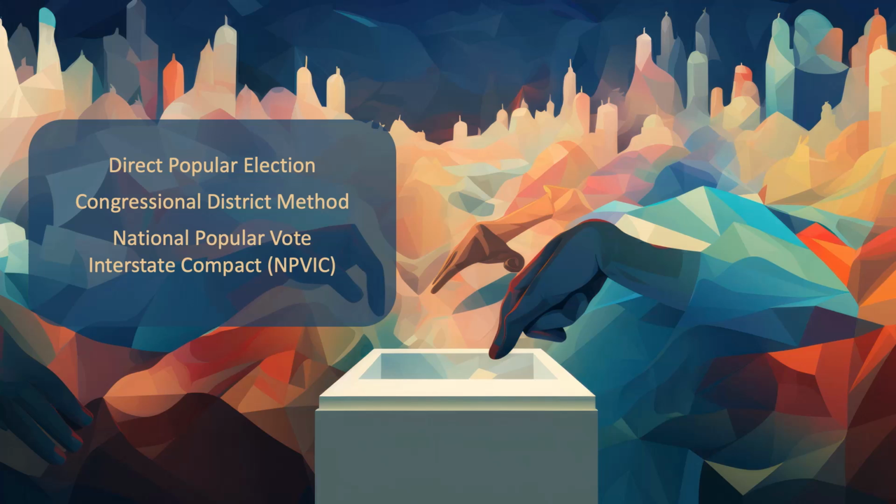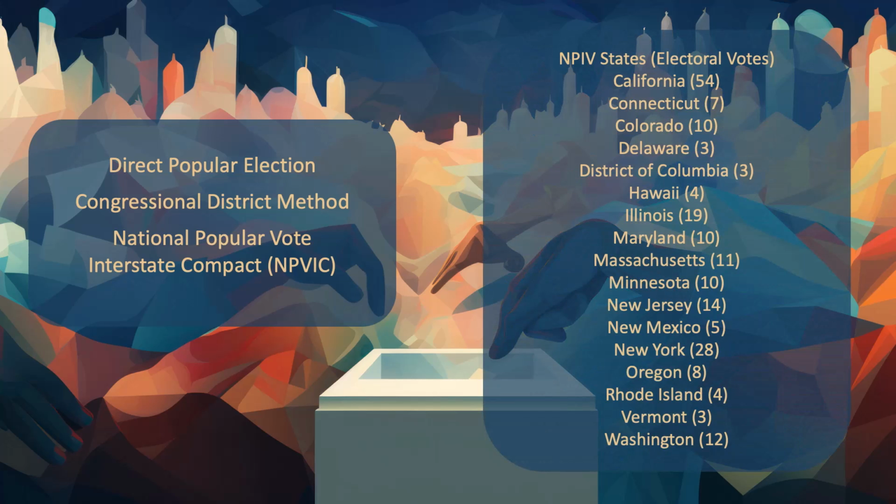The compact only goes into effect once states representing at least 270 electoral votes, a majority, join it. And it has the advantage of not requiring a constitutional amendment to implement. To date, 17 states representing a total of 205 electoral votes have adopted the compact, but the momentum for reform appears largely to be confined to blue states, suggesting the compact is unlikely to be adopted in the near future.